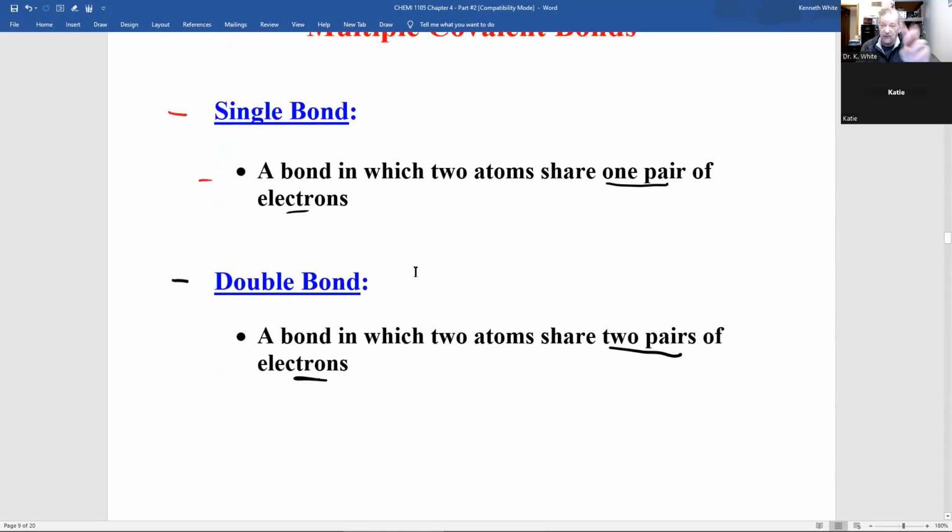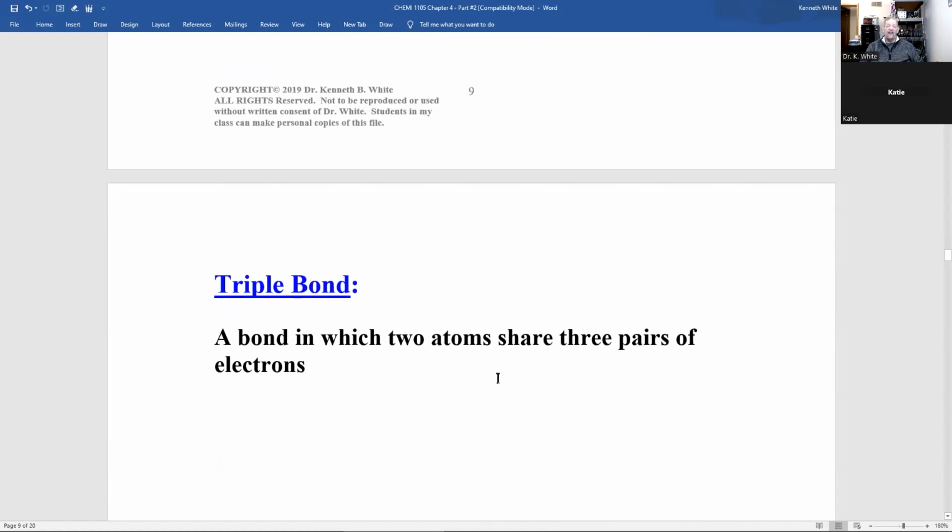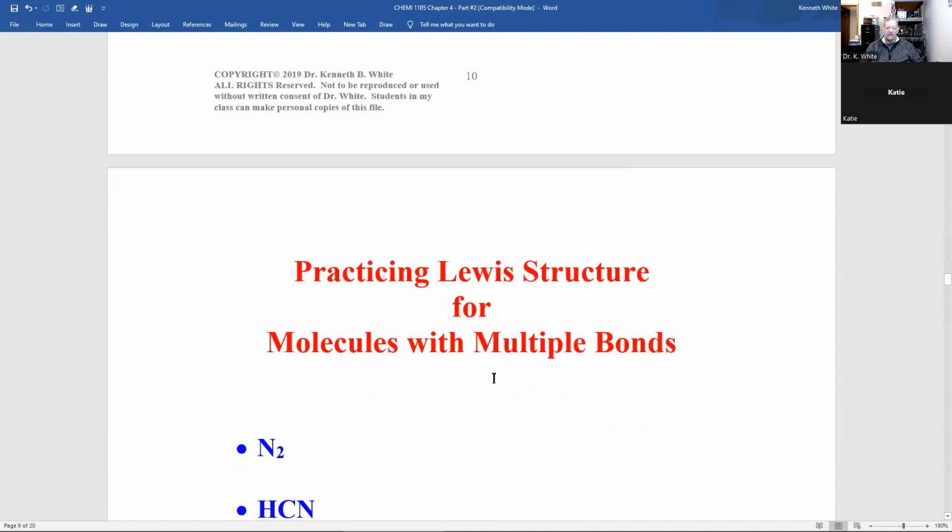Remember, a pair means two electrons. So one pair is two electrons, two pair, four electrons, three pair, six electrons total. But we usually use the term pair, but you should know that's two. And double bond, two pair of electrons being shared between two atoms. And a triple bond, three pair of electrons being shared.